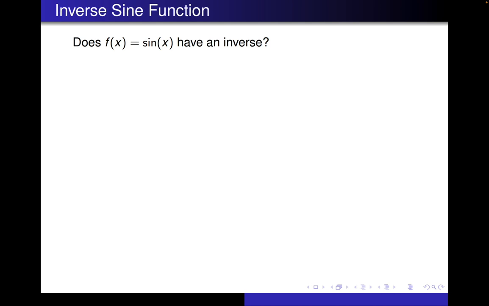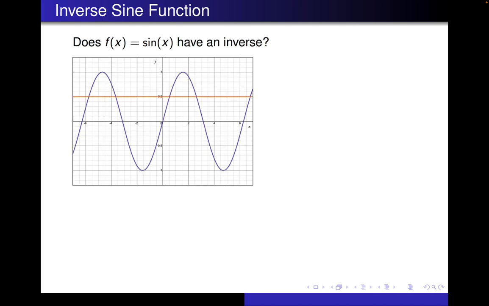So let's go ahead and apply this to our trigonometric functions, starting with the sine function. The first question we might ask is, does f of x equal sine x have an inverse? We can take one look at the graph and say, I don't think so. That horizontal line, the orange one, is going to intersect the graph of the sine function infinitely many times. Clearly, that fails the horizontal line test, which means we have no inverse.